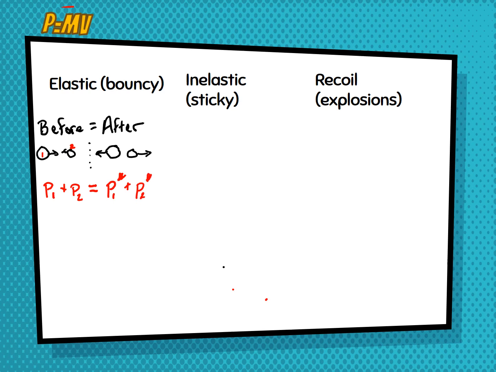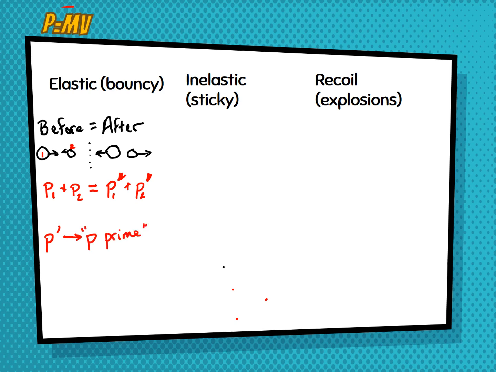So what I'm writing above those p's for after the collision is an apostrophe. It's not a square or to the first power or cubed. And usually the way we say it, if we have p with that mark next to it, we say it as p prime.